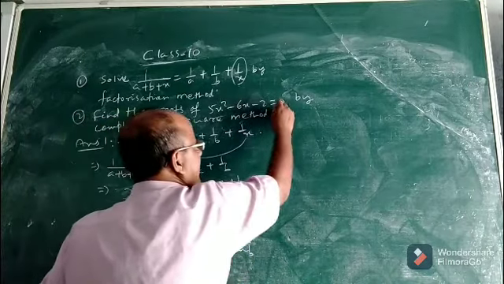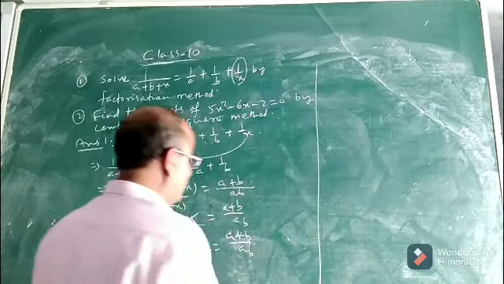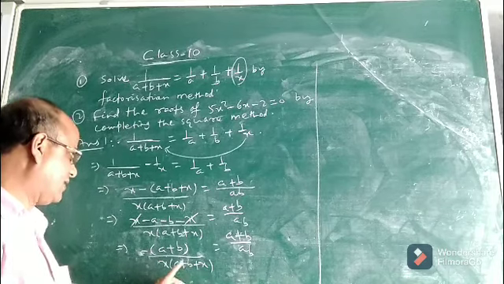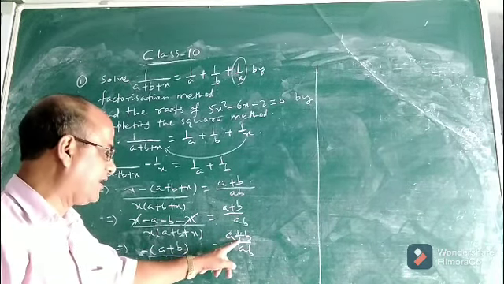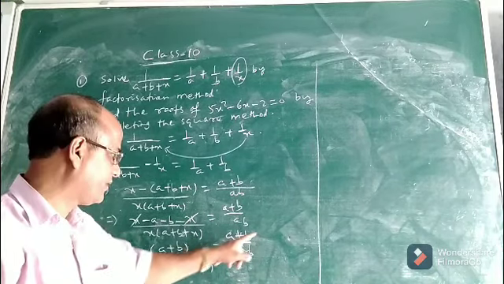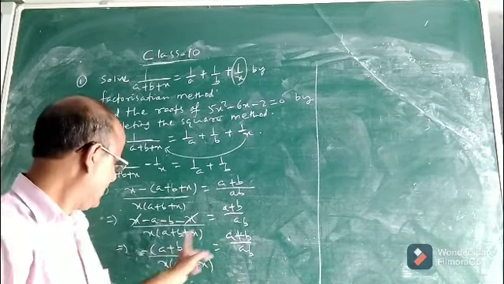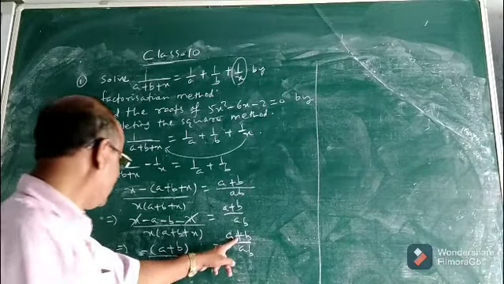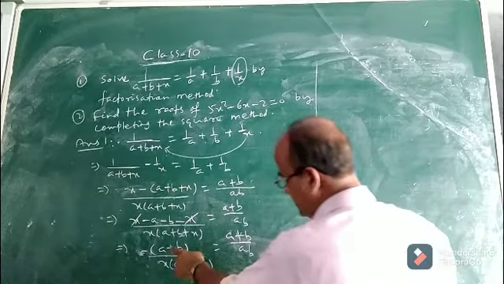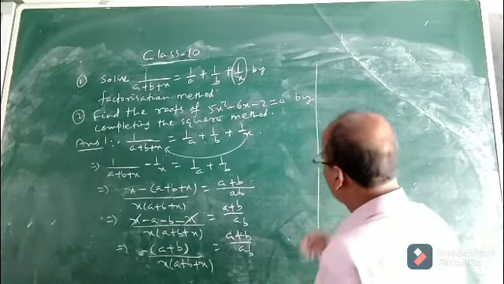Next, what will be the next step? You can cancel a plus b directly, because here it is a plus b into 1, and here also a plus b, so a plus b will be cancelled and you will get 1 here. And if a plus b is cancelled, what will remain here? Here minus 1 will remain.